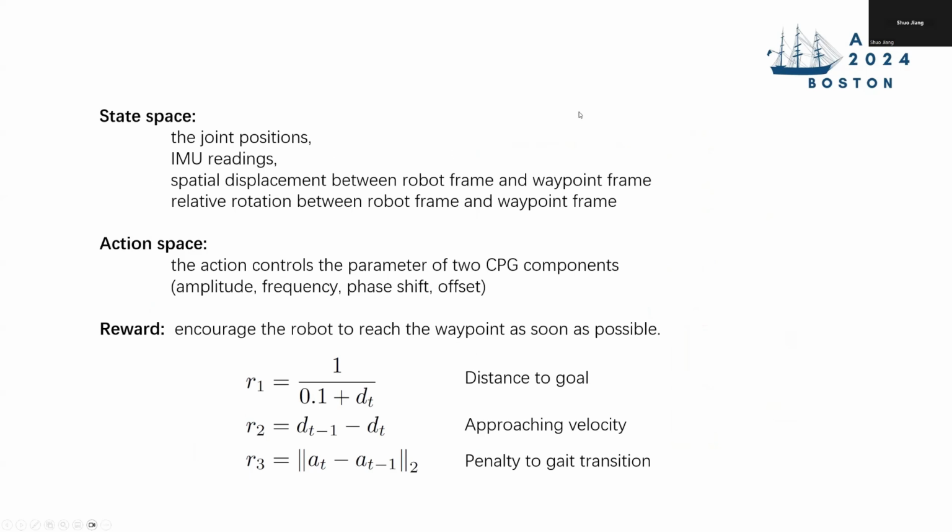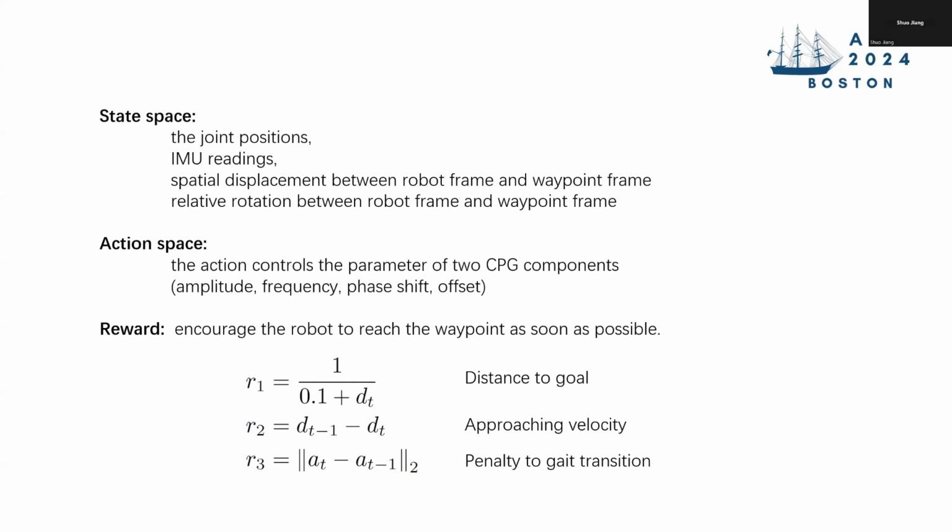So the Markov decision process of reinforcement learning is characterized as follows. For the state space, we include the joint positions, the IMU reading, where there's an IMU monitor on top of the robot head, and the spatial displacement and rotation between the robot frame and the next waypoint frame.